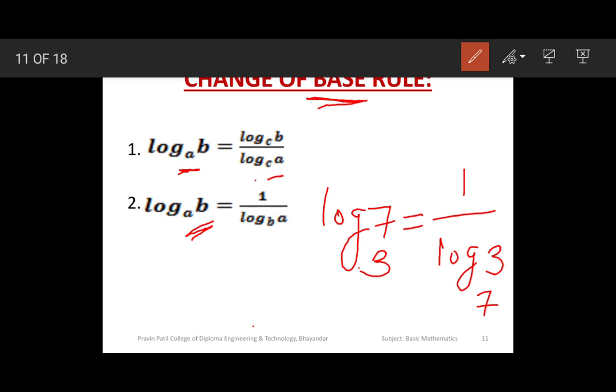So in the change of base rule, there are two formulas. One is where we completely want to change to a new base.